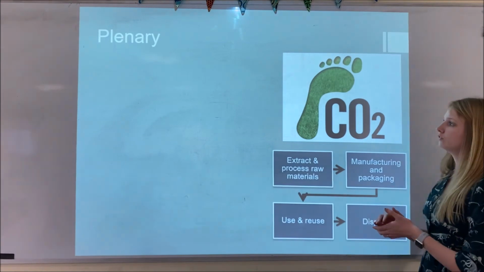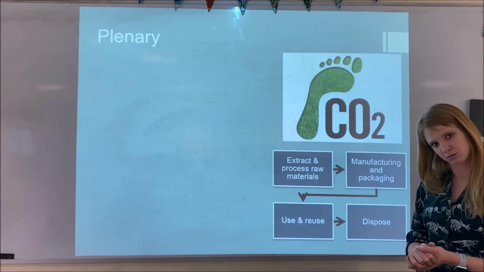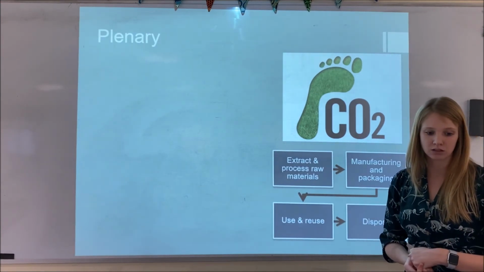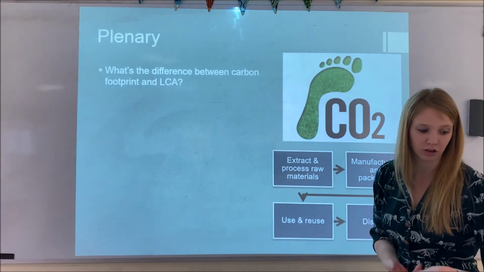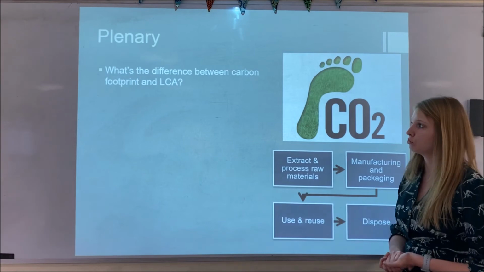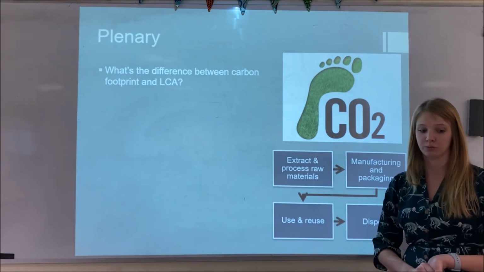So to finish, with every stage of a life cycle assessment, there are environmental impacts, and we can therefore have a look at the carbon footprint of each life cycle assessment. Carbon footprint comes up in the Earth and atmosphere topic.